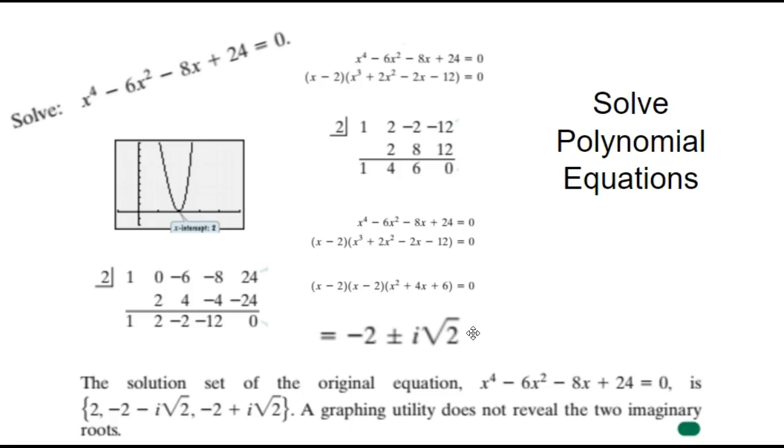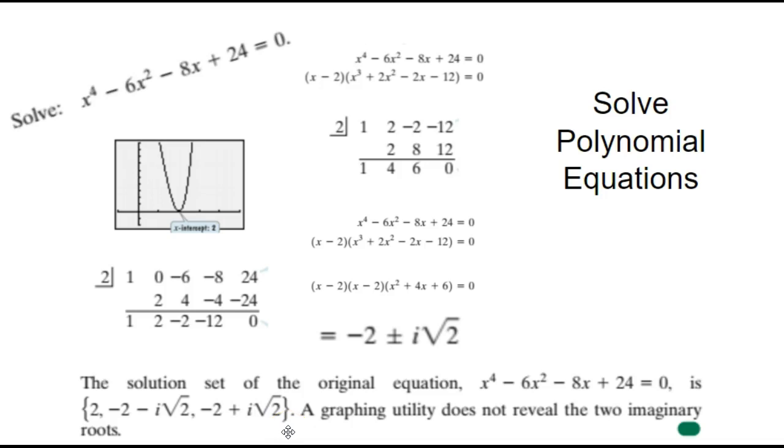That is not a real solution. And so down here, the final result says the solution set of the original equation is 2, which happens to be a solution twice, and negative 2 minus i root 2 and negative 2 plus i root 2. And a graphing utility does not reveal the 2 imaginary roots.